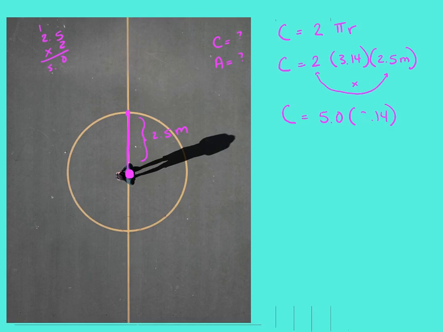So 15.7. Do other people confirm that answer? Okay. 15.7. That's really excellent and fast problem solving. Let's try to do the area now. Change colors.